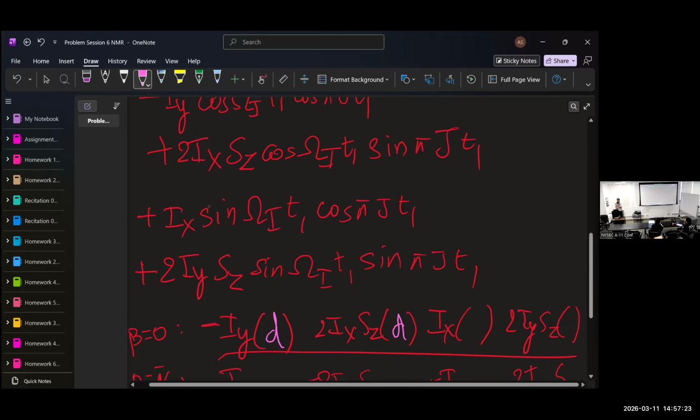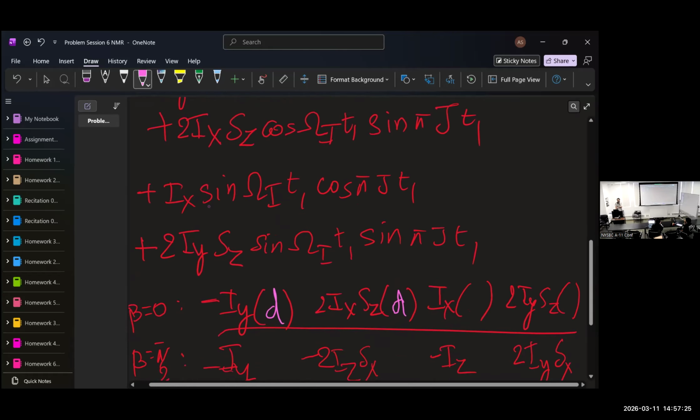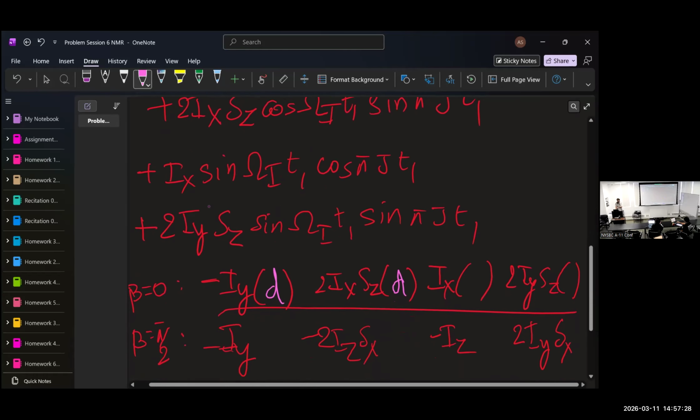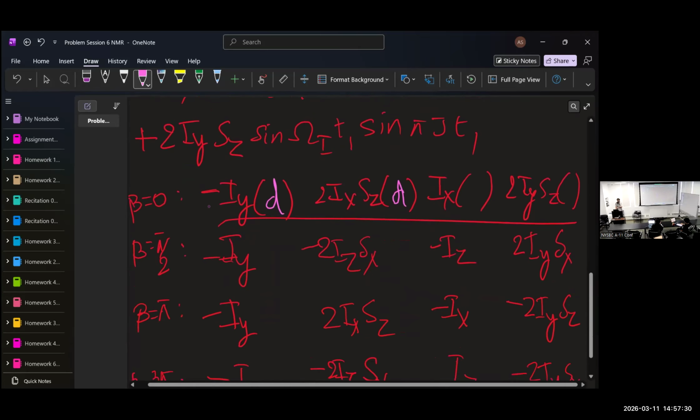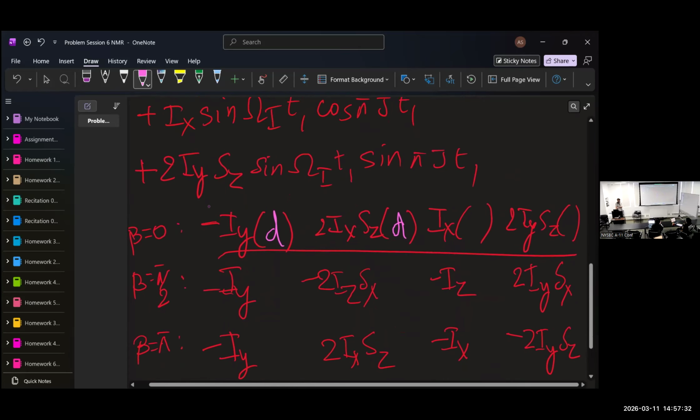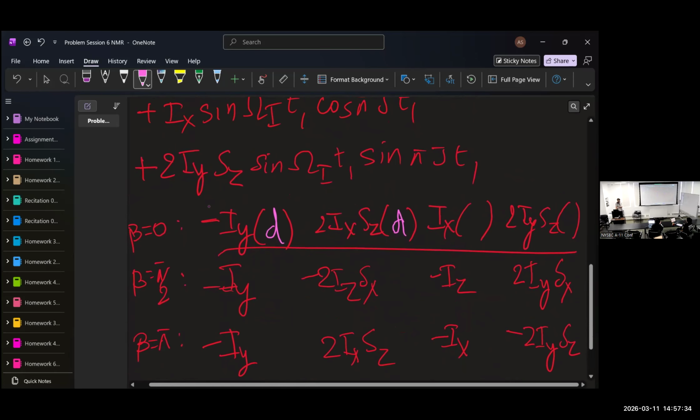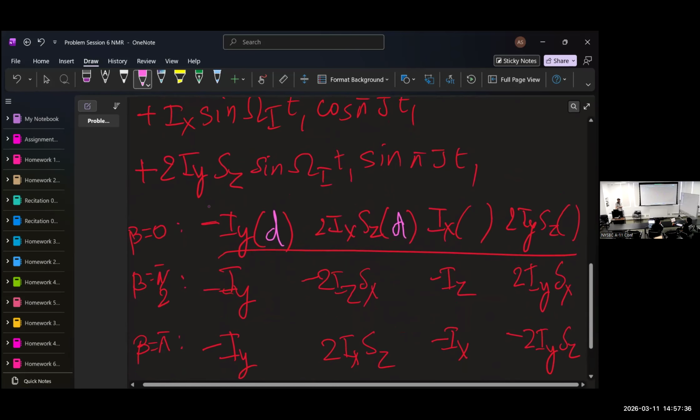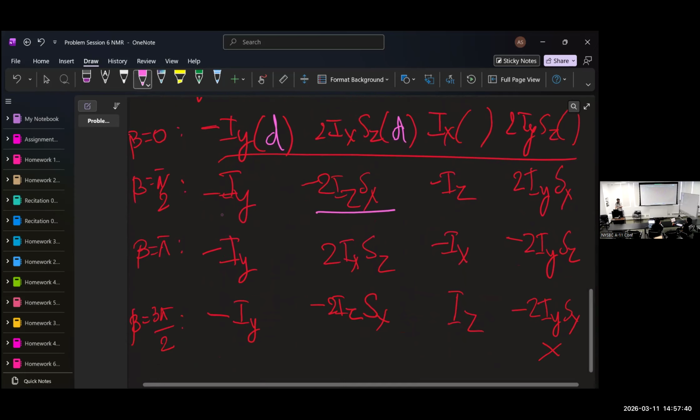Oh no, I'm sorry, I'm doing the wrong thing. The IZSS term will involve T2 already S. Is that what you're saying? This term, yeah, let's get that right. These two terms are the off-diagonal coherences.